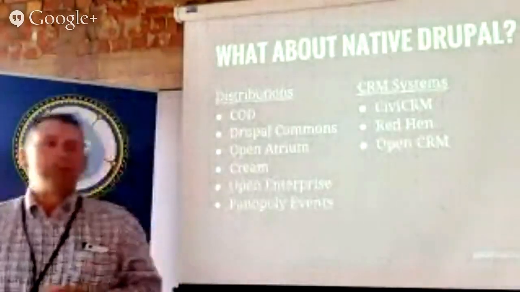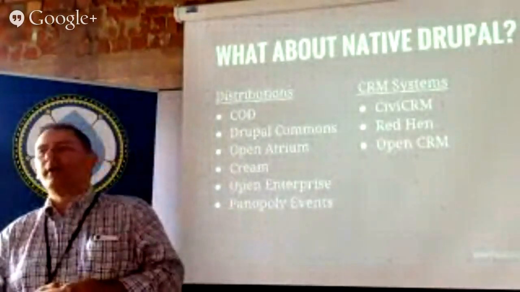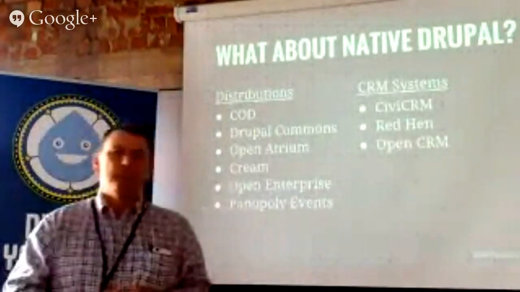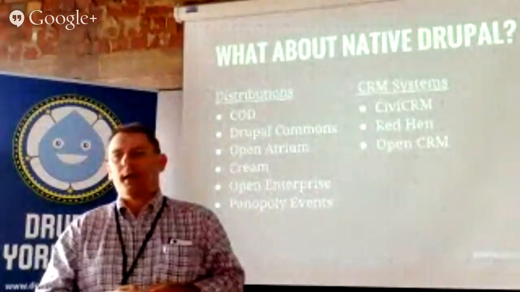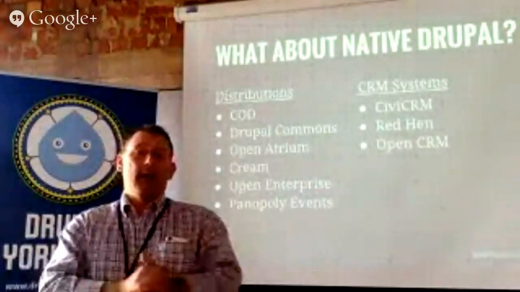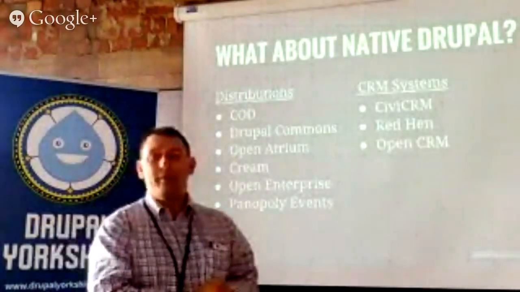But sometimes an organisation has a great deal of contacts. You might be building a site for a non-profit, for example, and you might have a large contact database of beneficiaries.